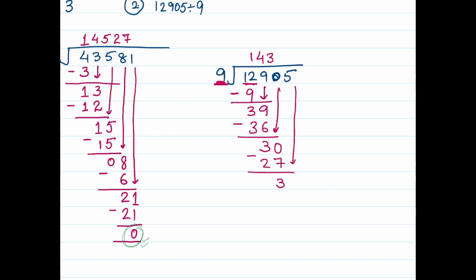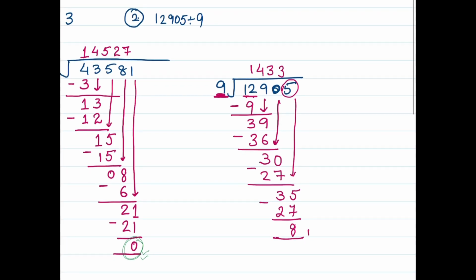Then we bring down 5. And now 9 times 4 is 36, and 9 times 3 is 27. Right, so here 5 was the last digit to come down. So we are left with 8 at the end. So 8 here is our remainder.